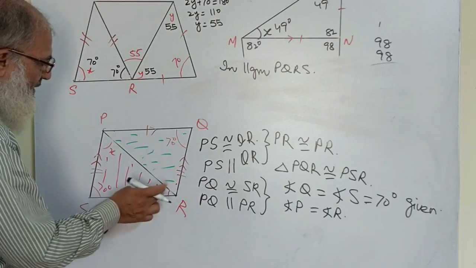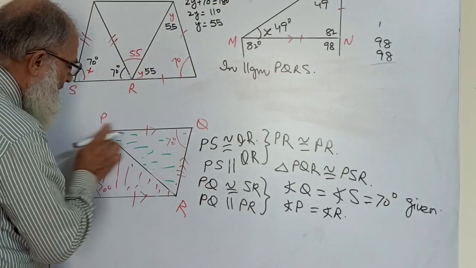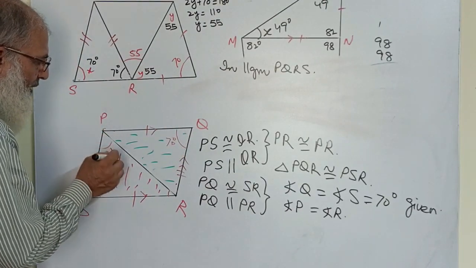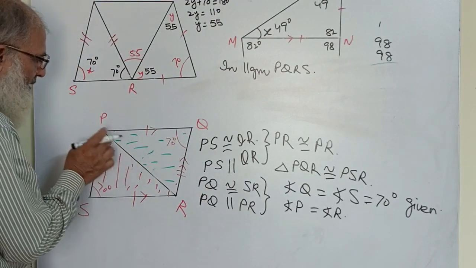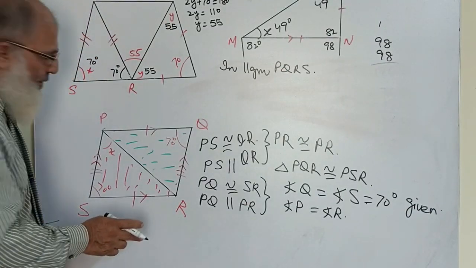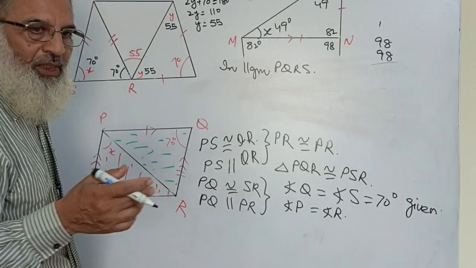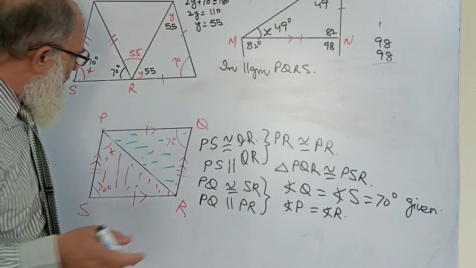That means this angle is equal to this angle, and angle P and angle R are also equal, which is also obvious from the properties of the quadrilateral.